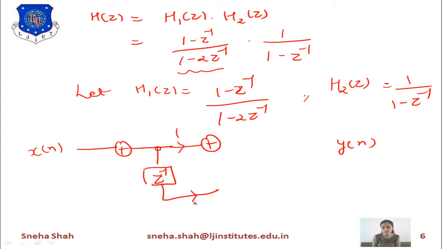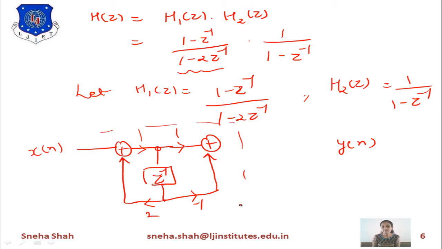Then for the denominator, the sign of the constant changes, so instead of minus 2 we write 2. This is the first part.